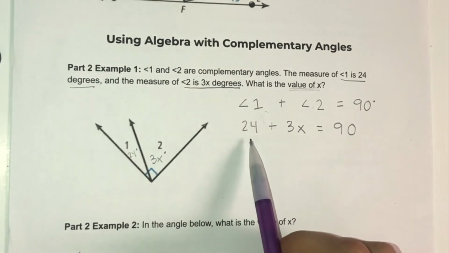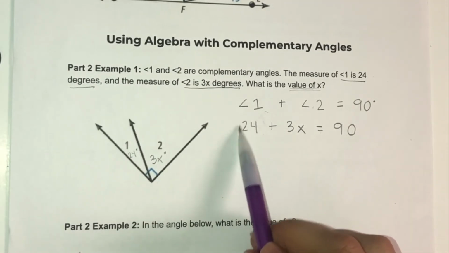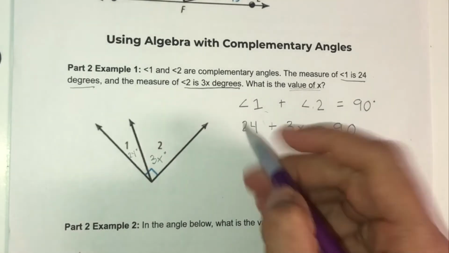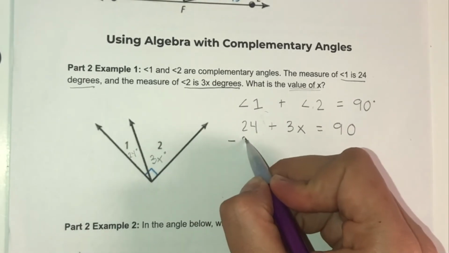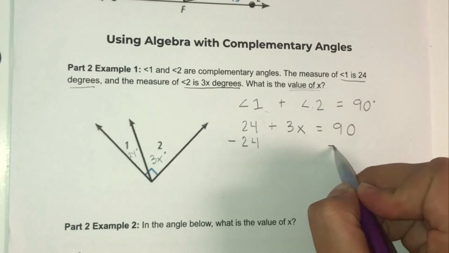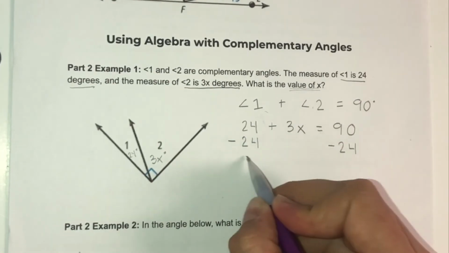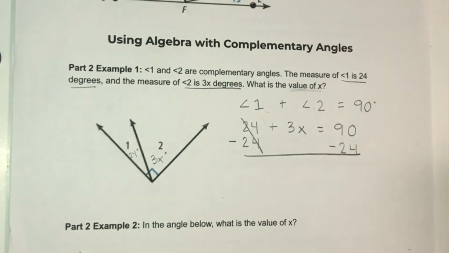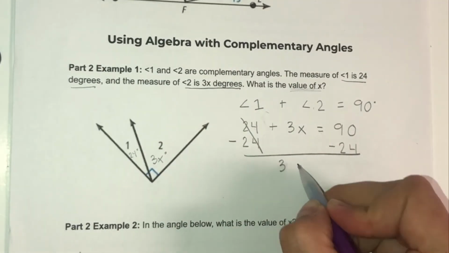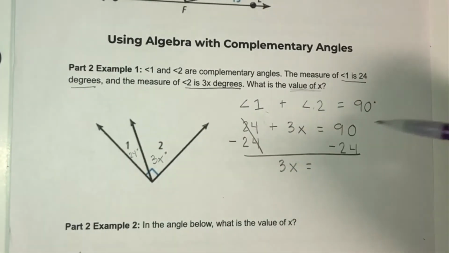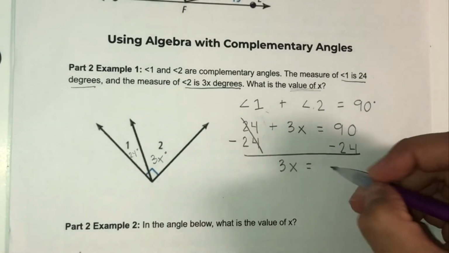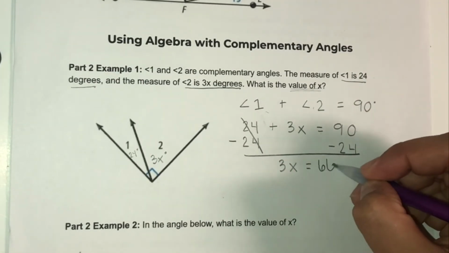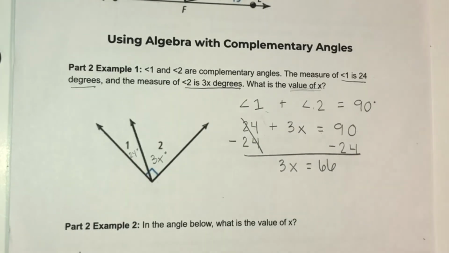So I know I have to move my constants first, which is this 24. It's a positive 24, so to move it to the other side, I need to subtract 24 on both sides. When I do that, 24 minus 24 cancels. So you're left with 3x is equal to 90 minus 24 is 66. And now I need to solve for x.